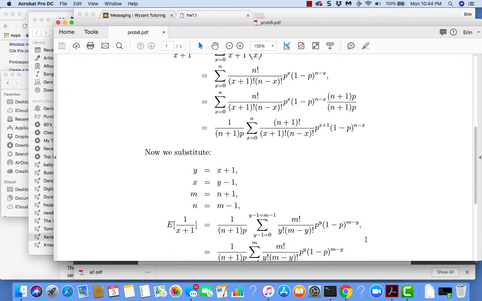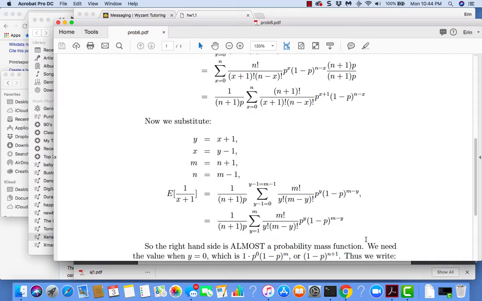Okay. Now we're going to go back and use our nice little substitutions the same way we've been doing. I have y is equal to x plus 1 or x is equal to y minus 1. M is equal to n plus 1 or n is equal to m minus 1. So I still have my fraction sitting out in the front.